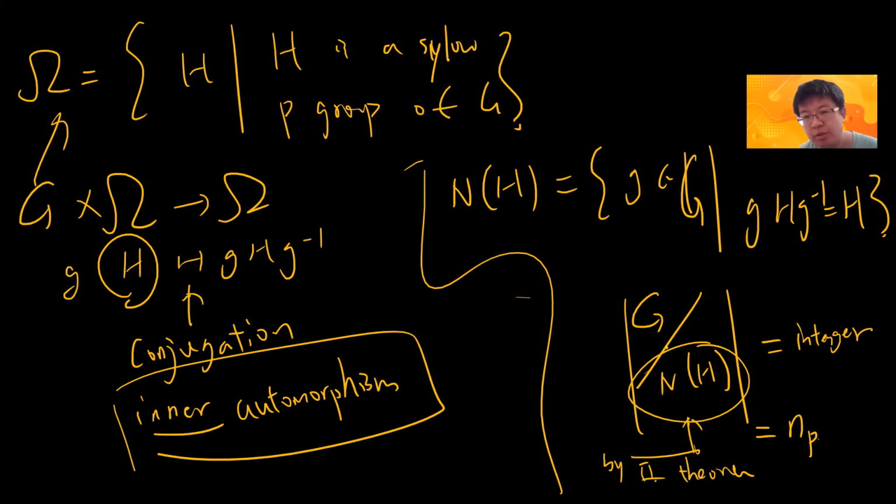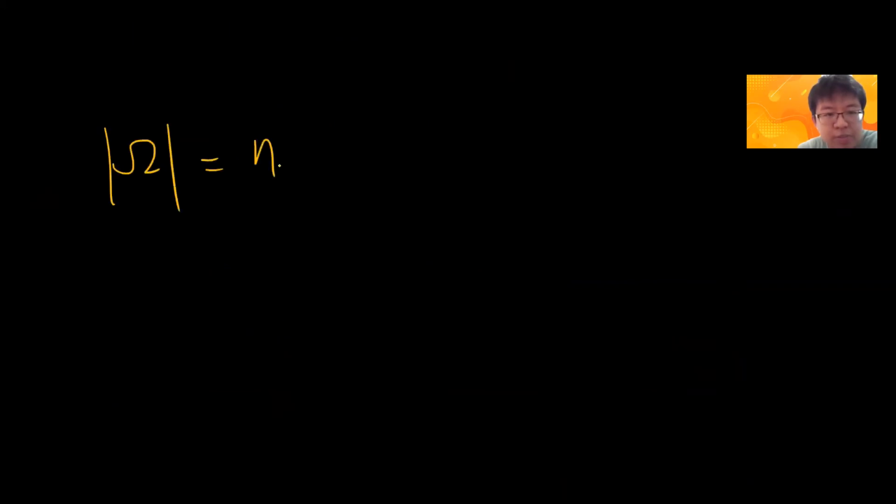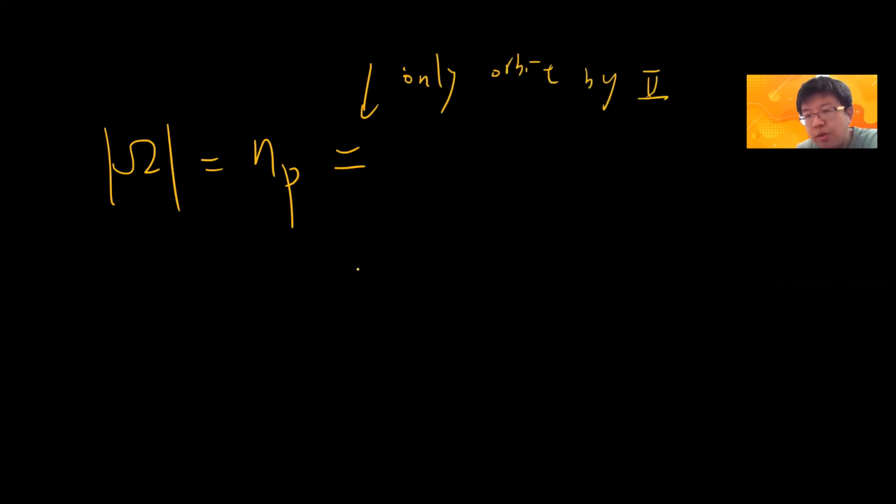So the number of Sylow P subgroups N P is just the size of that single orbit of Omega, by the second theorem, because every Sylow P subgroup is conjugate to each other.